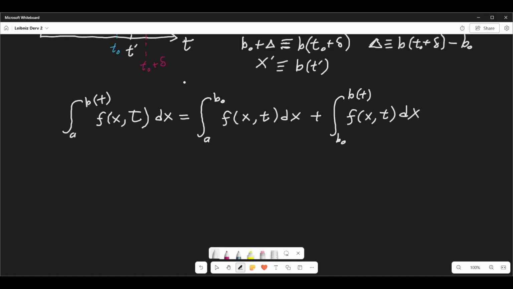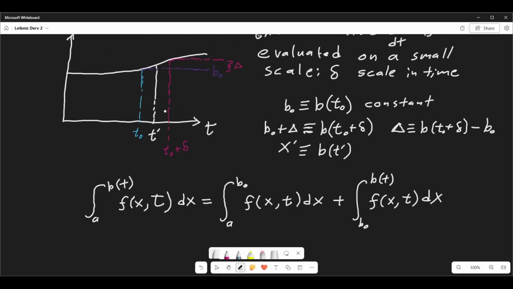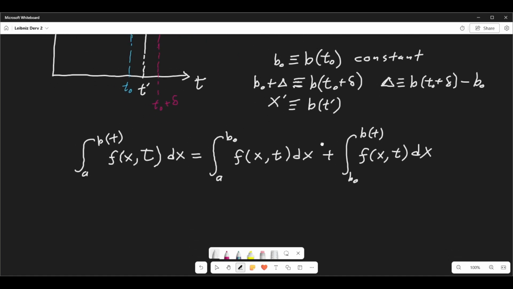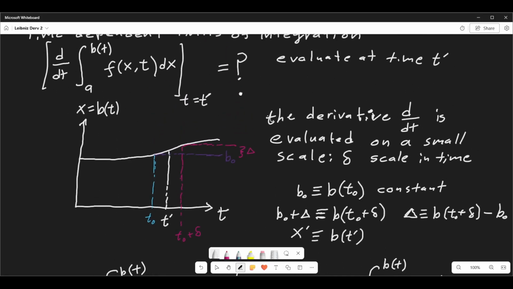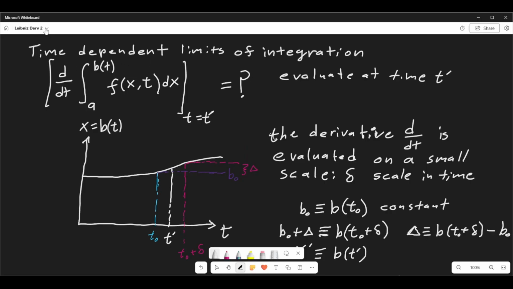So basically, integrating on x, the integral simply goes up to the B naught, wherever that happens to be, and then it keeps going from B naught to wherever B of t is. So I'm just assuming by definition that B naught happens to be before wherever the boundary goes to, and I'm also assuming, of course, the boundary is increasing.